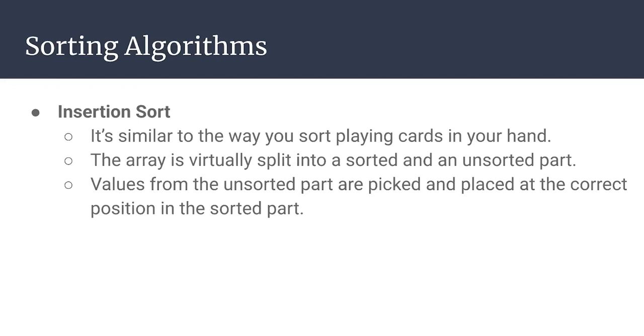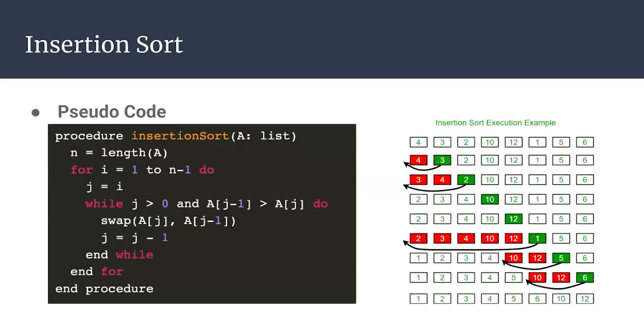From the left to somewhere in between, there will be some cards in sorted order, while you traverse through the array, and the other part will be the unsorted part. Values from the unsorted part are picked and placed in the correct position in the sorted part, right? Let's go through the pseudocode for this.